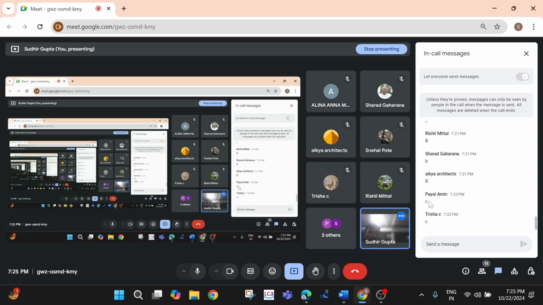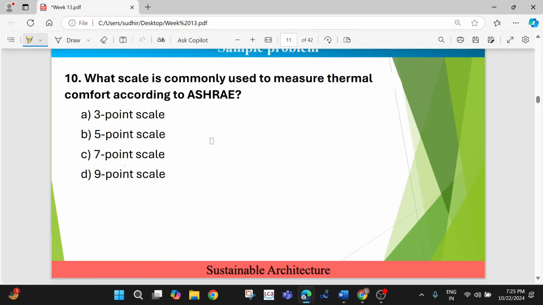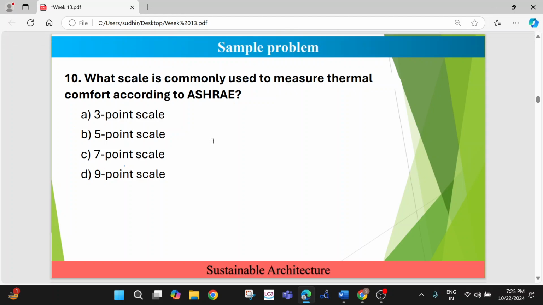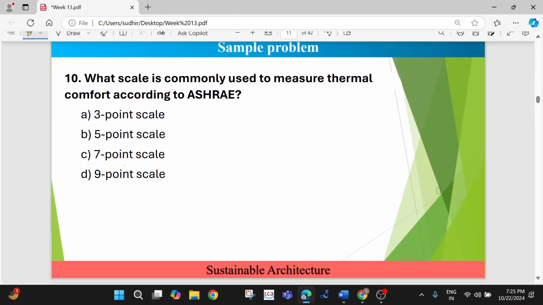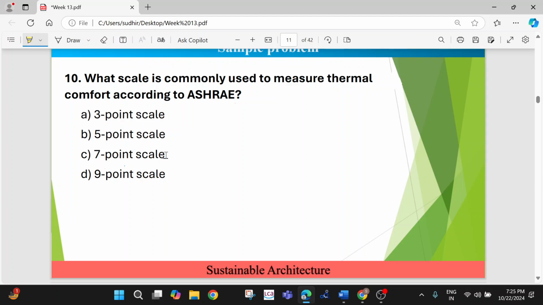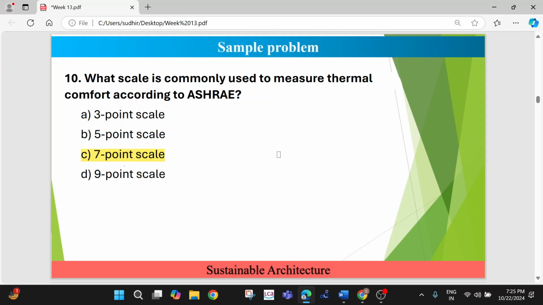C. So till now only three of you are able to answer this question. This question we have discussed earlier as well, that C will be the right answer. First of all, let me mark this answer and then discuss. So C will be the right answer for this question.